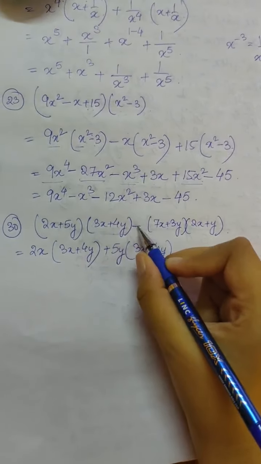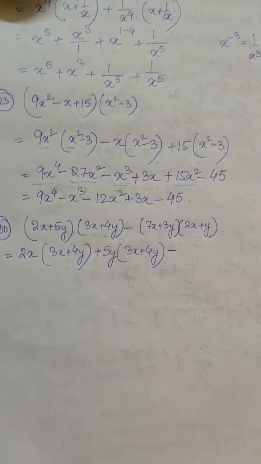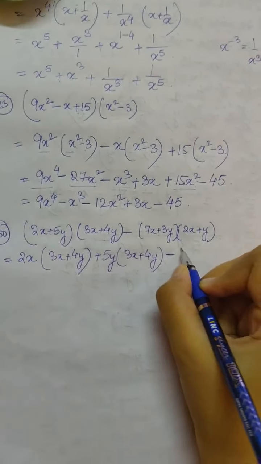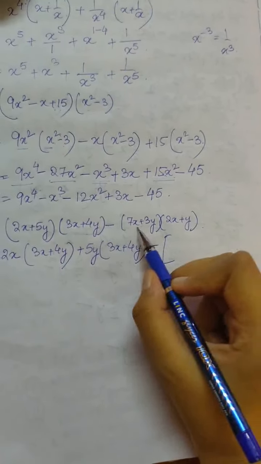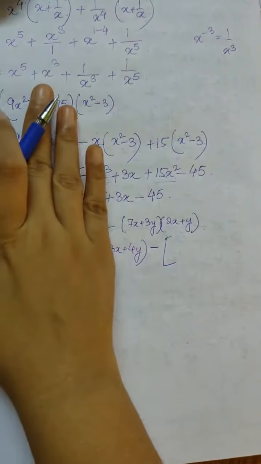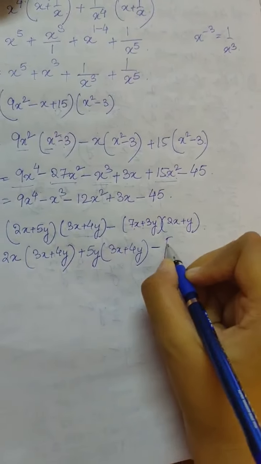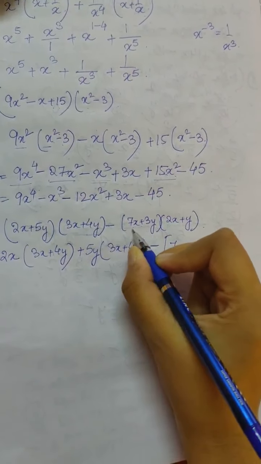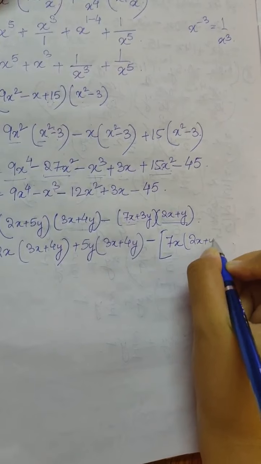Now there is a minus sign here, so I am putting a minus. So for minus I am putting another bracket. I am taking the third bracket here. So inside this bracket now we will multiply these two. We will now forget this minus sign. So for multiplying, we are taking 7x here. With 7x, we need to multiply this whole term. So 2x plus y.